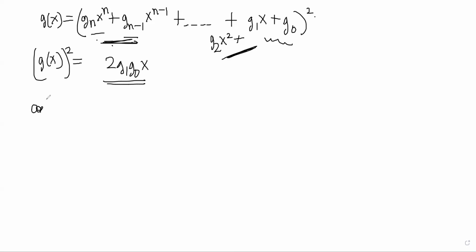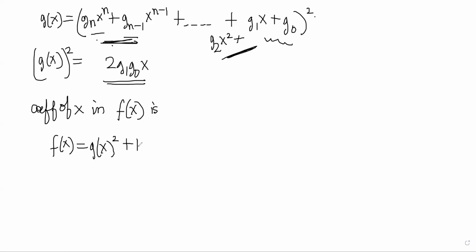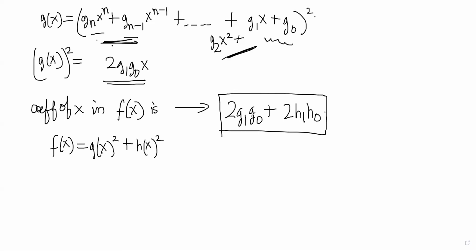So therefore, the coefficient of x in f of x, since f of x was g of x square plus h of x square, would be 2 g_1 g_0 plus 2 h_1 h_0, right? This is the coefficient of x in f of x.